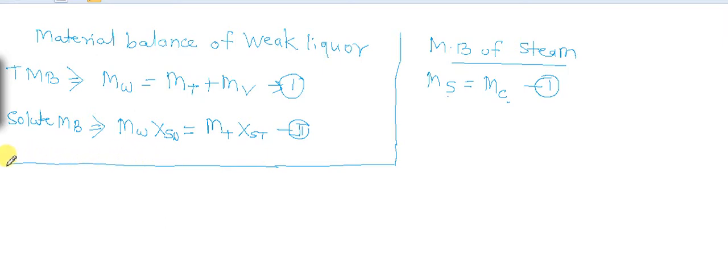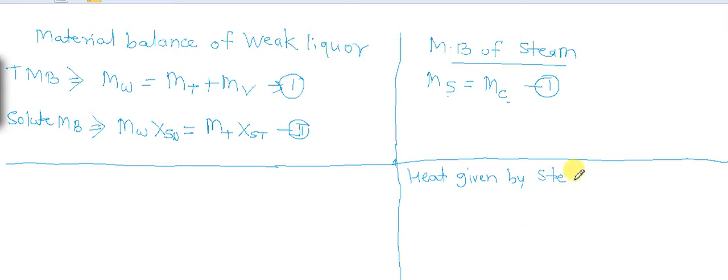As you know, steam gives energy, so heat given by steam is in two parts. First, steam condenses, and at that time a certain amount of heat is given by the steam, and then the temperature of condensate decreases.